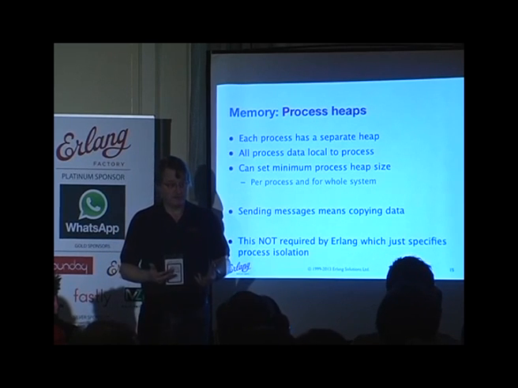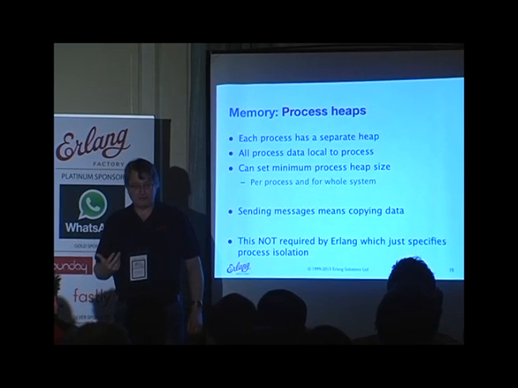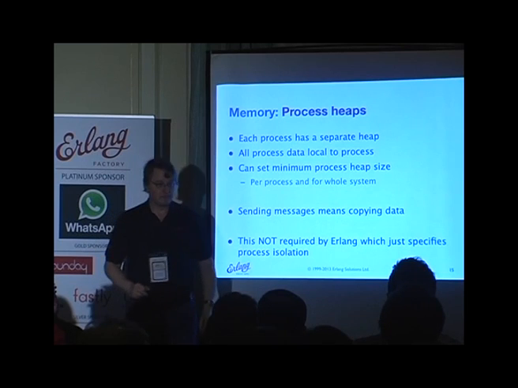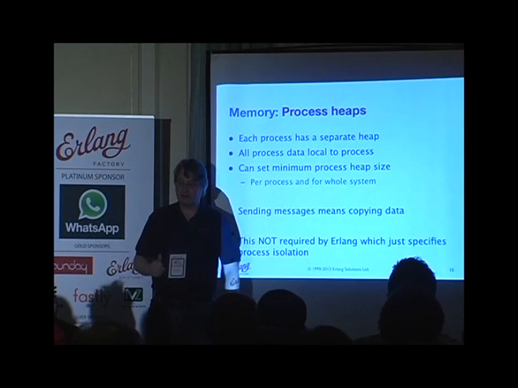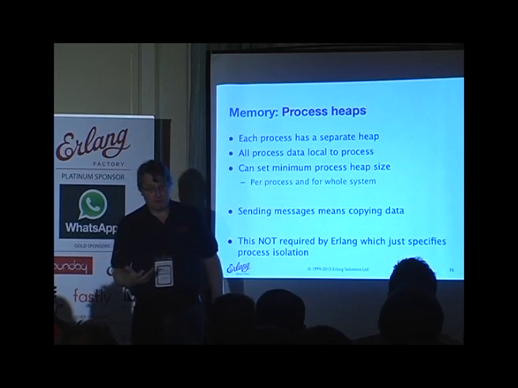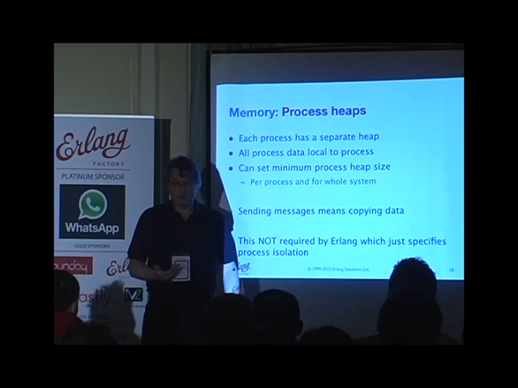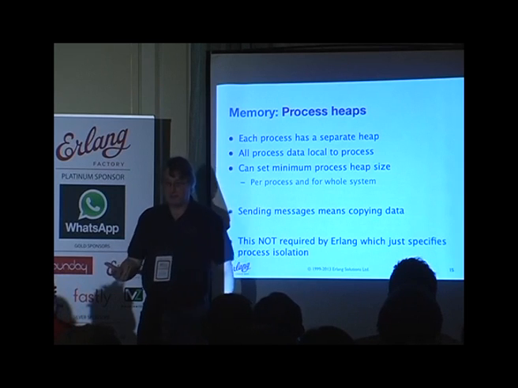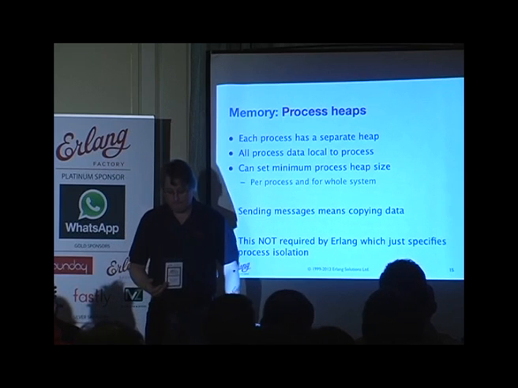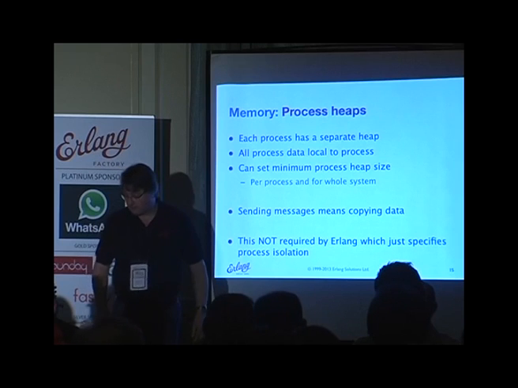So having separate process heaps is in one sense an implementation detail, though a very fundamental one that affects a lot of things. For example, if we didn't have separate process heaps, we wouldn't need to copy messages when we send them, and we wouldn't need a separate area for edge tables, and a lot of other things like this. But we do have it, and there are good reasons for doing it.